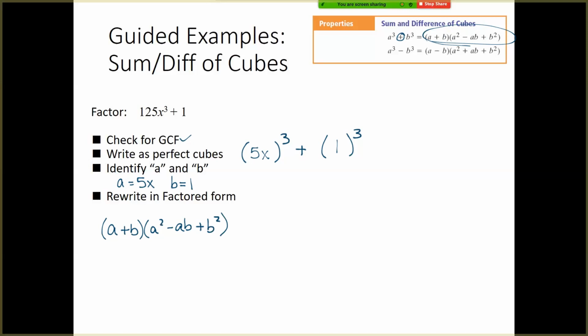And again, you'll be given the formulas. You don't have to memorize them. You just have to know how to use them.